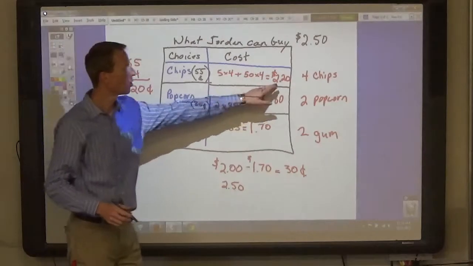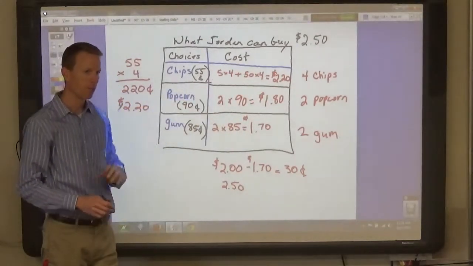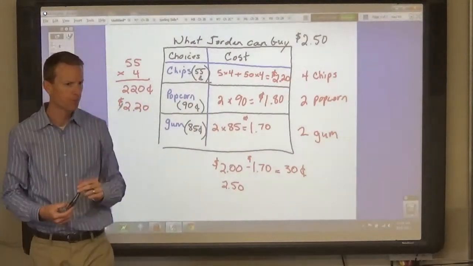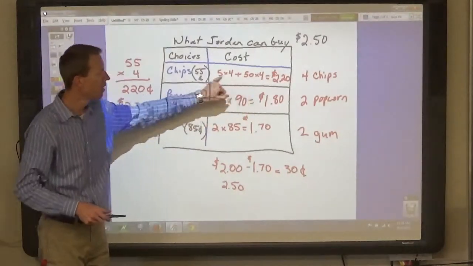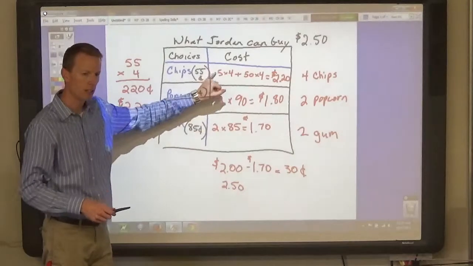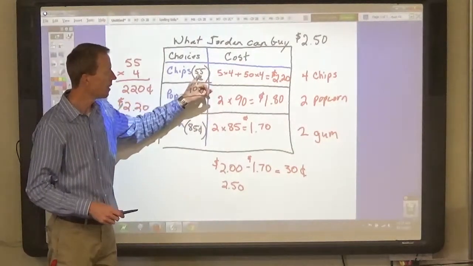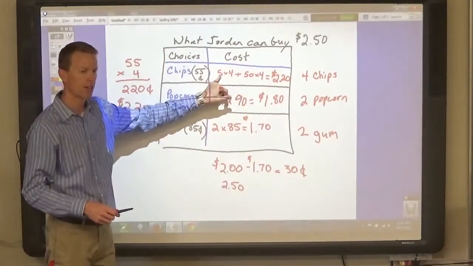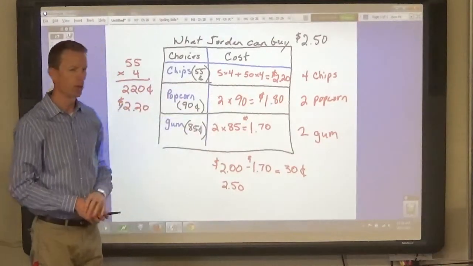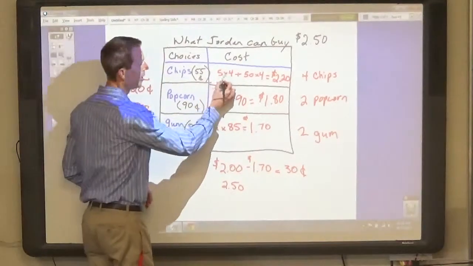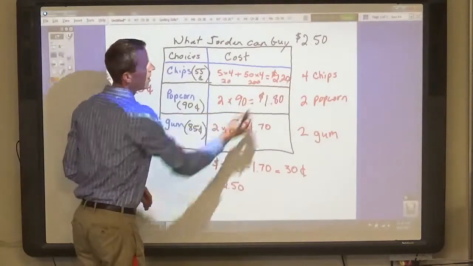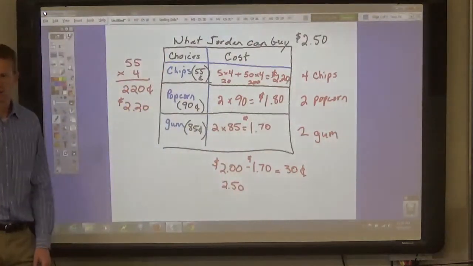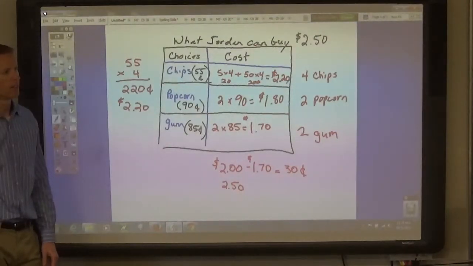So that's where our total cost for the 4 bags of chips comes from. Is that what you're asking? The total cost of 4 bags of chips. And Ethan broke this down into 55 cents being 50 plus 5 and multiplying each one by 4. So this is 20 cents. This is 200 cents. So that's $2.20. Okay? Daria.